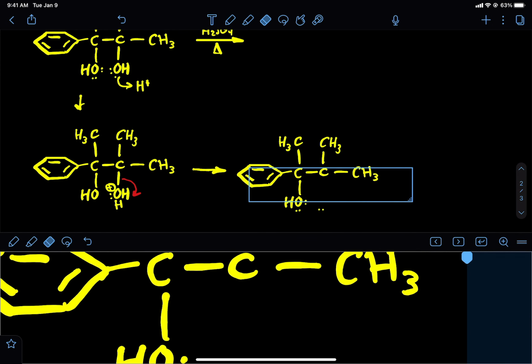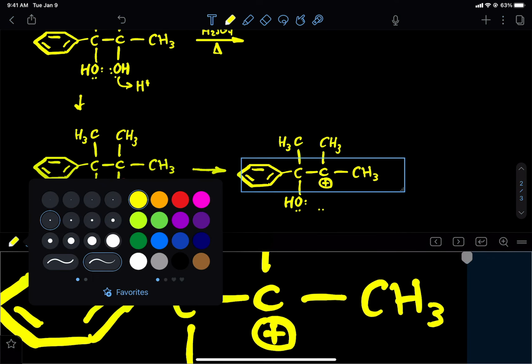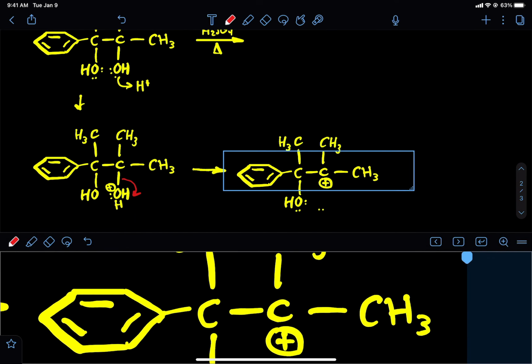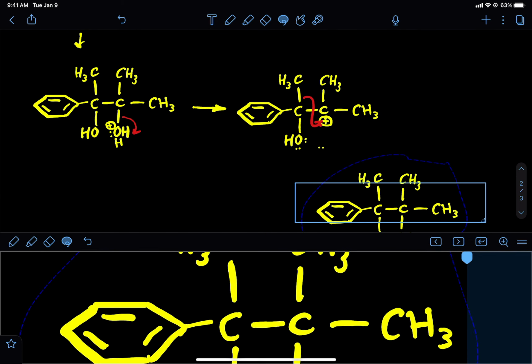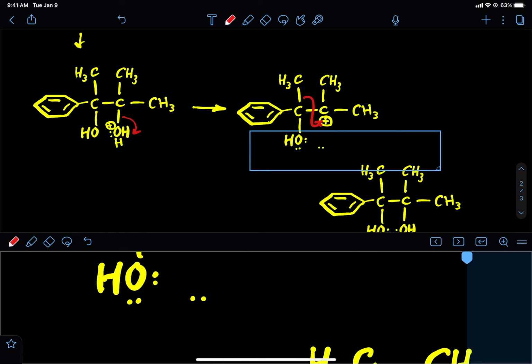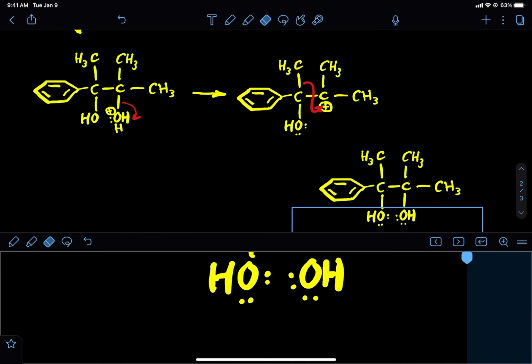Now we've got a less stable carbocation than we had before, which means that this pathway is probably less likely to happen. But when it does happen, maybe the one time out of 100 that it does happen, we can proceed to a new structure. Okay, so now we can undergo the methyl shift. We'll have that methyl group migrate. What does that get us?